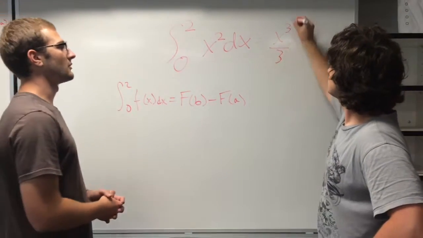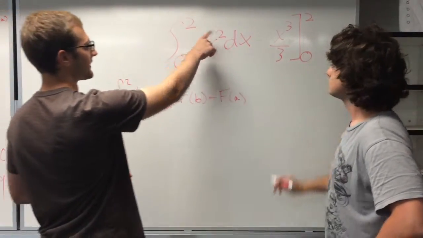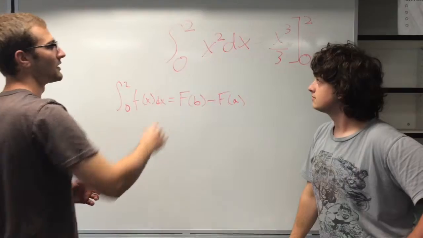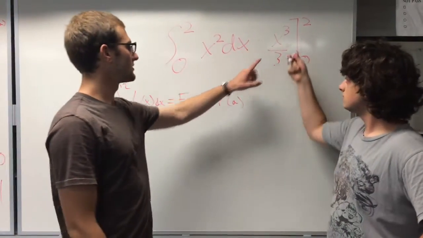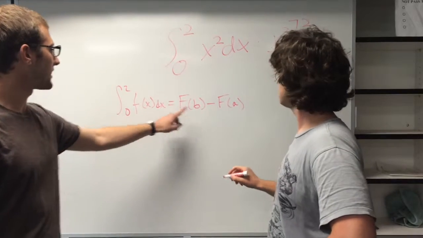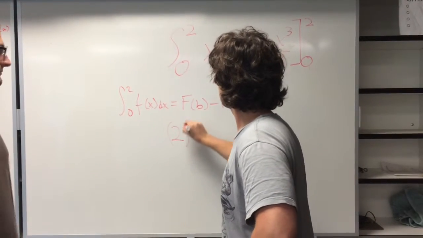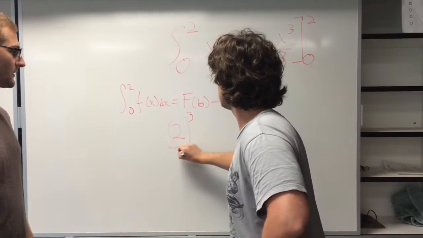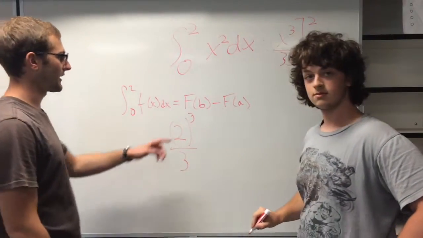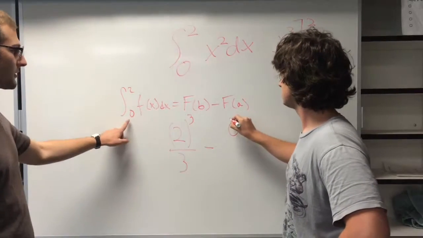So now we found our antiderivative by adding 1 to n and dividing by n plus 1. We can now plug in our bounds to evaluate. We're going to use the antiderivative of bound b, our upper bound, first, and then subtract from that our evaluation at bound a, which is 0.